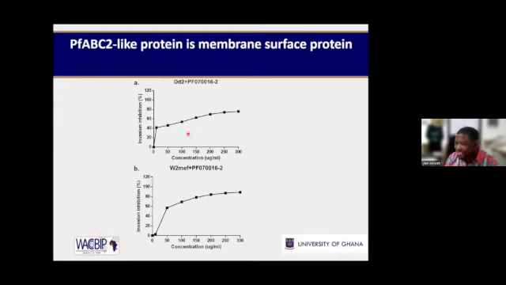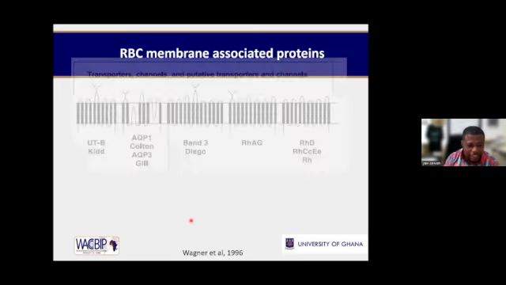And one thing that is visible here is that there is a saturation. Once you reach there, it almost plateaus. And it doesn't matter the type of parasite you use, that is the behavior you see. So it tells us that we can achieve saturation, and by achieving saturation, it tells you that you can't go beyond there. So these are some of the things we have been doing.